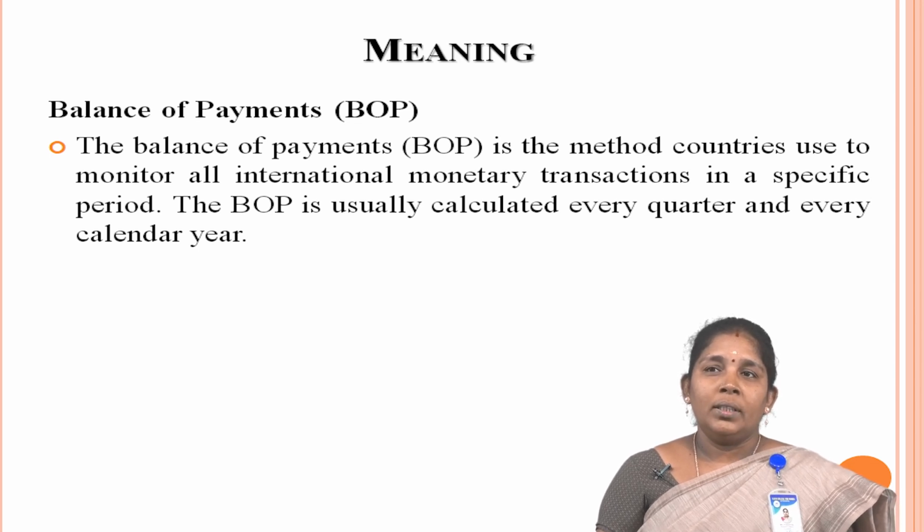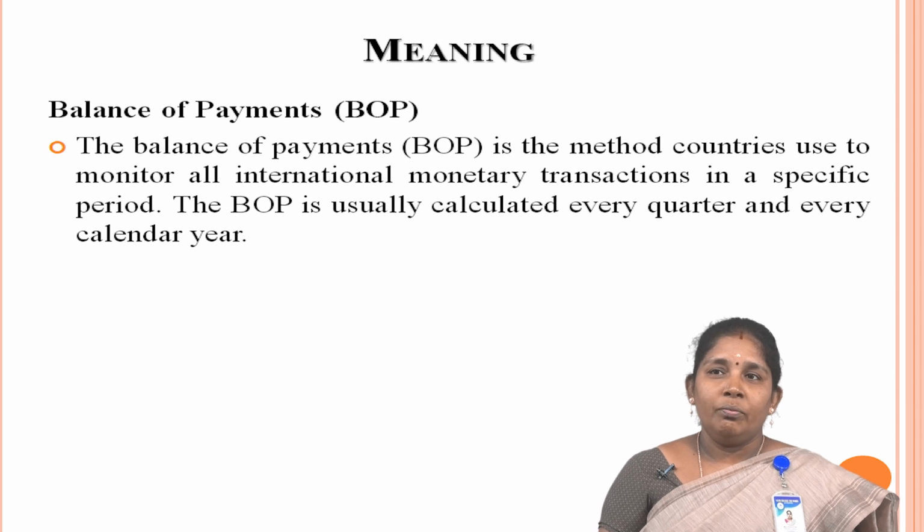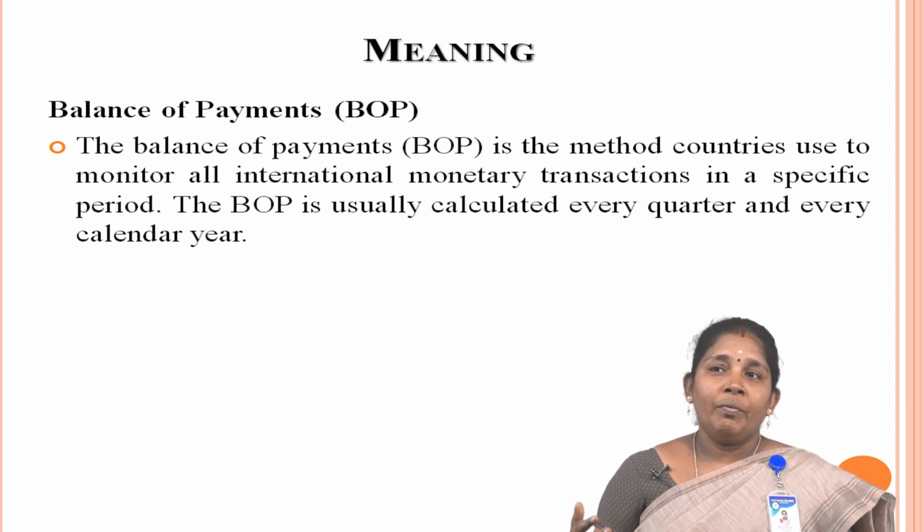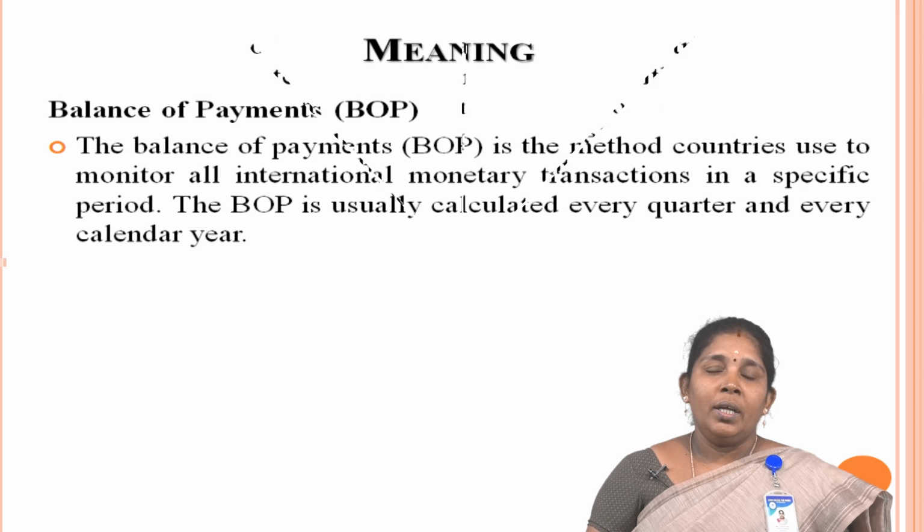All trades conducted by both the private and public sectors are accounted for in the balance of payment to determine how much money is going in and out of a country. If a country has received money, this is known as a credit. And if a country has paid or given money, the transaction is counted as a debit.